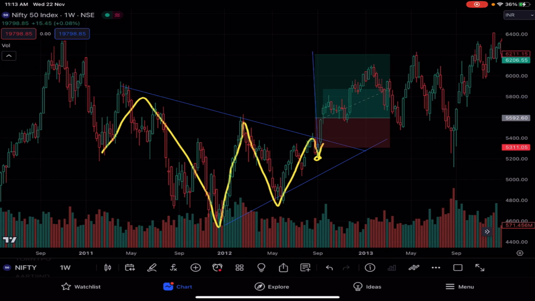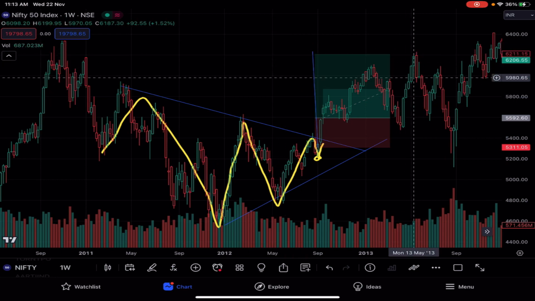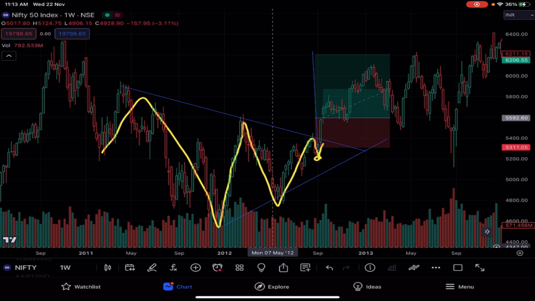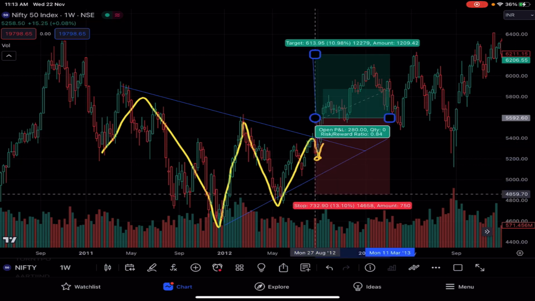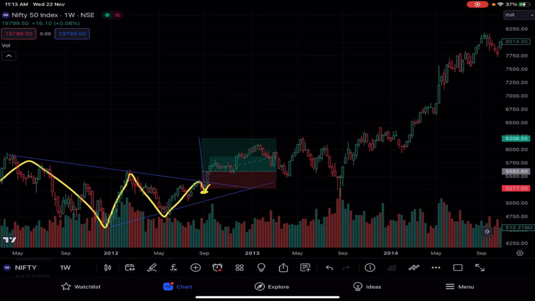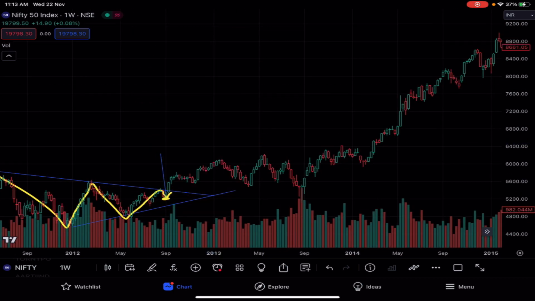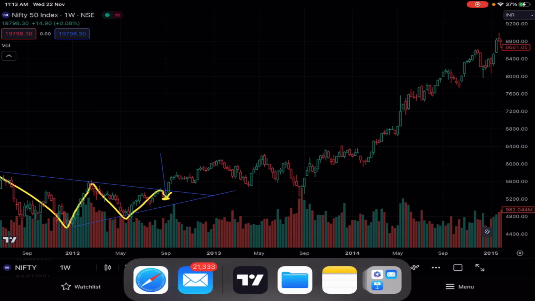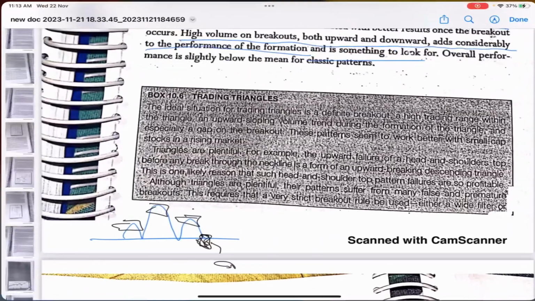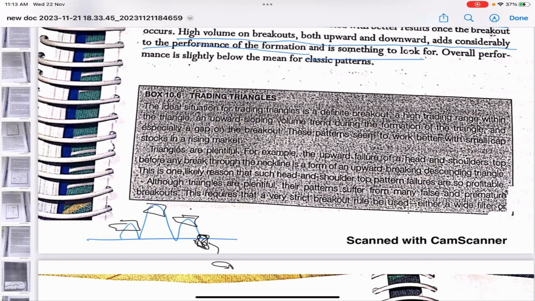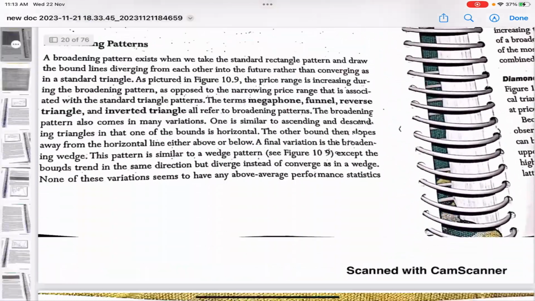Yeah, so basically you would have exited somewhere over here. If you had a reasonable stop loss somewhere below over here, then you would even have captured this whole move. So that is something. The stop loss hasn't been discussed in the book, but what I would do is keep the stop loss below the breakout candle.